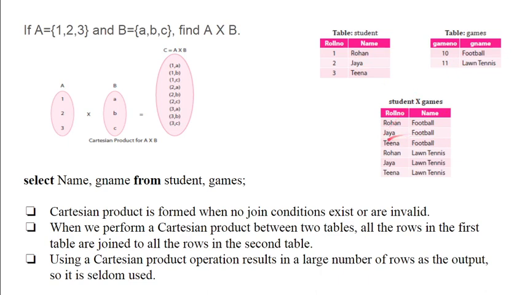Here there are 3 rows and 2 columns. So the new table formed has 3 into 2, that is 6 rows, and here we have selected 2 columns, 1 column from each table. So the new table formed has 1 plus 1, 2 columns.